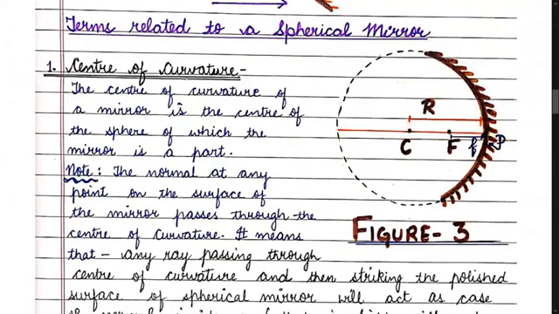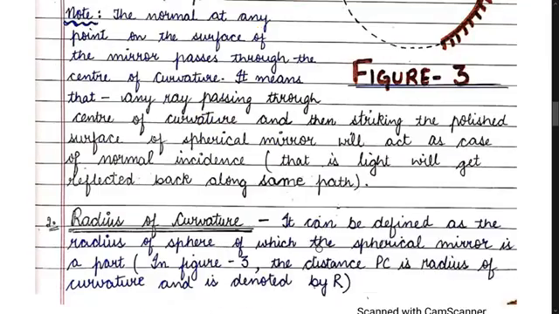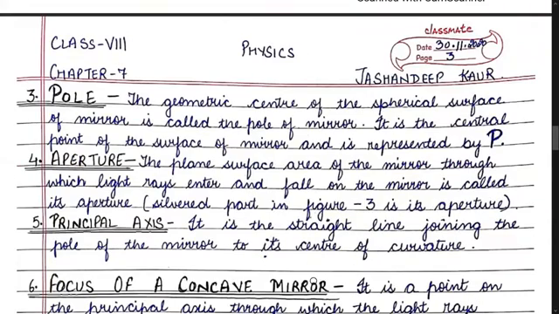So the line which is connecting points C and P is known as the principal axis. So students, all these terms are very important when we will be doing the ray diagrams.